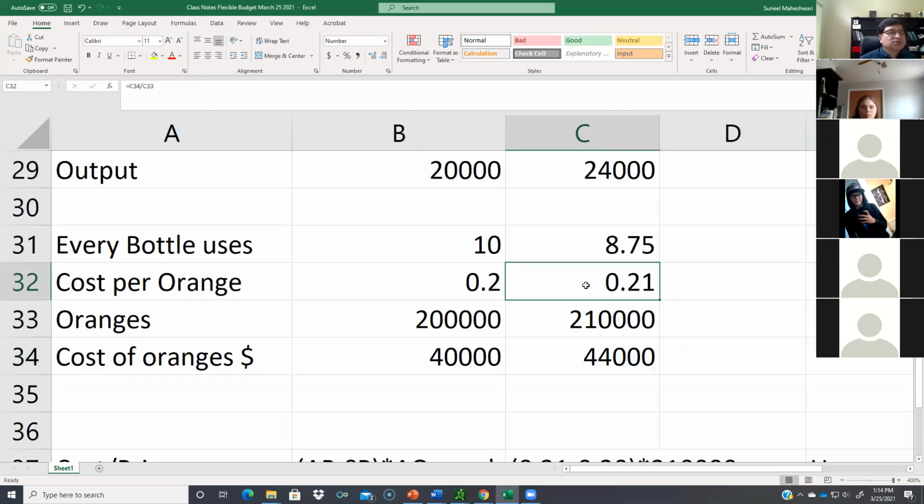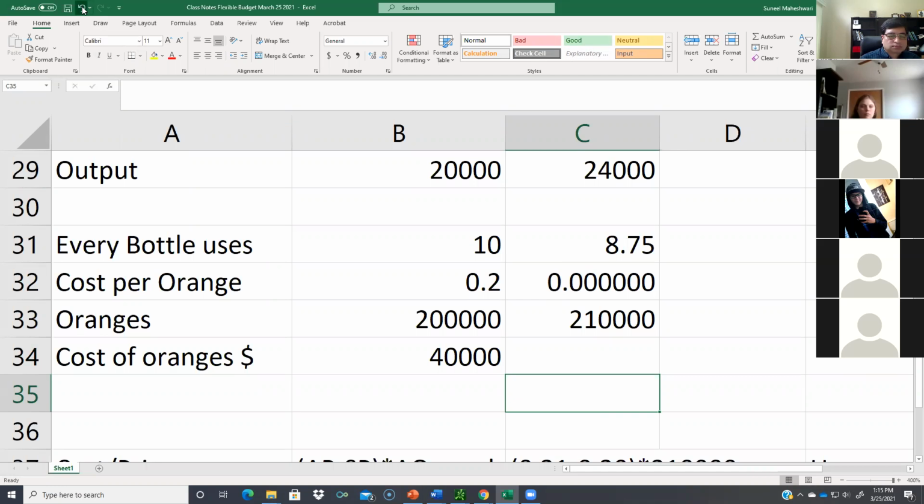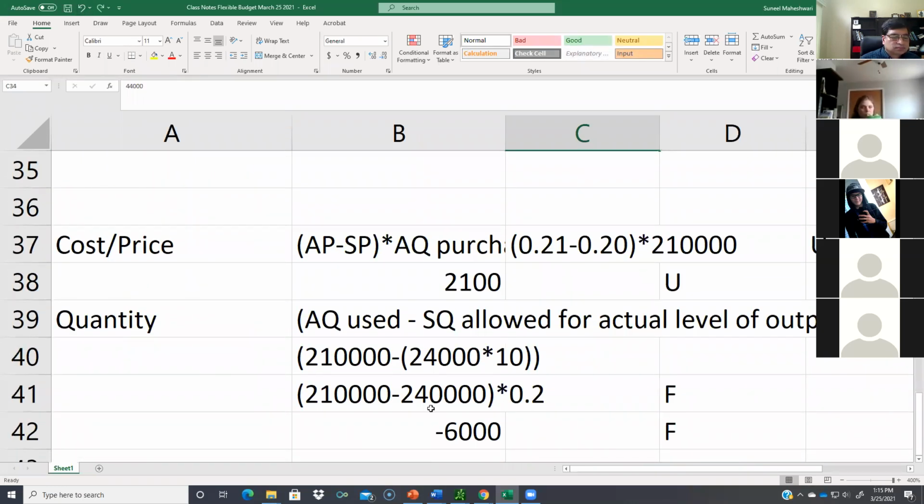It's not exactly 44,000. I'm getting a rounding error of $100 due to this.